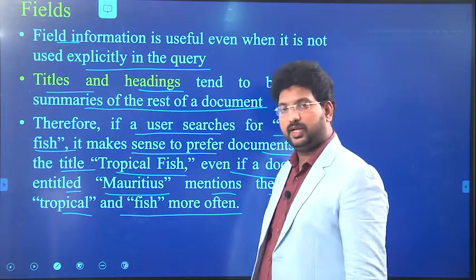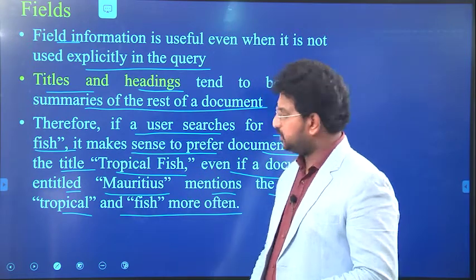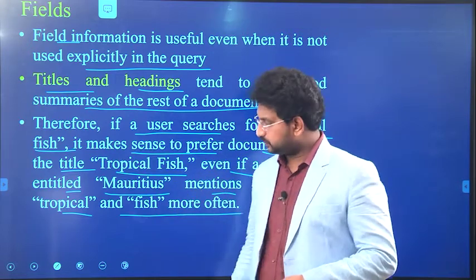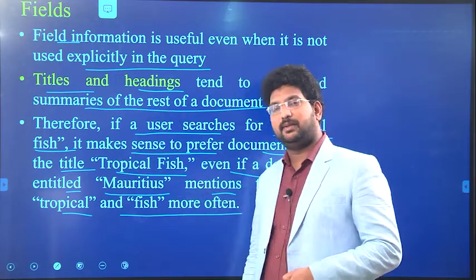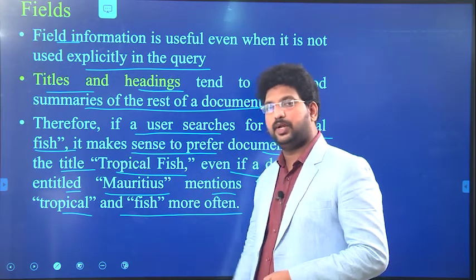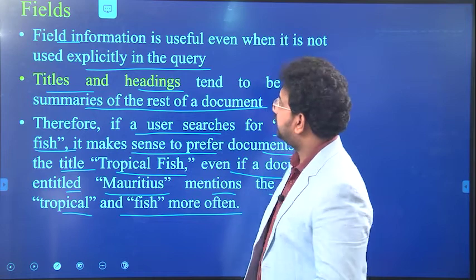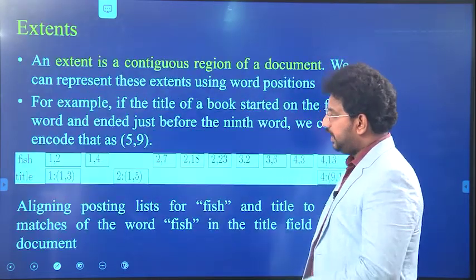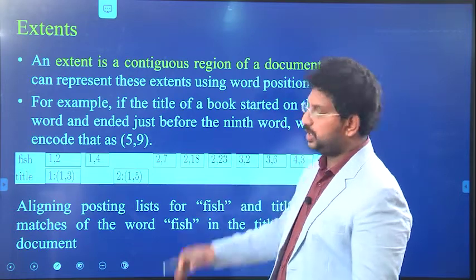That is the intention of this point. Even if it is not directly related but has a related semantic meaning, it will search the title and identify the words accordingly. So this is about fields, and this is about extents.